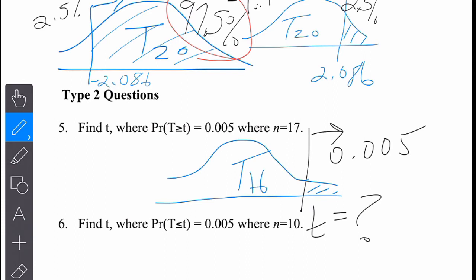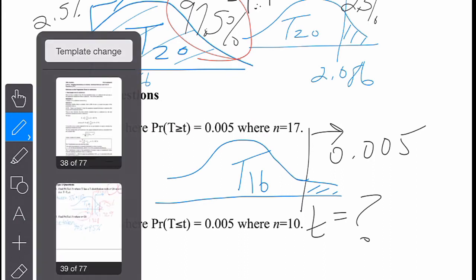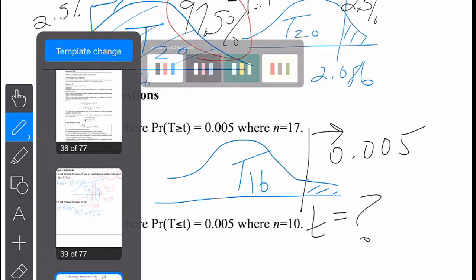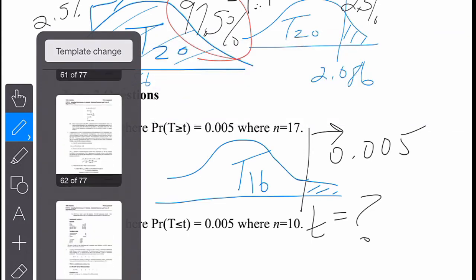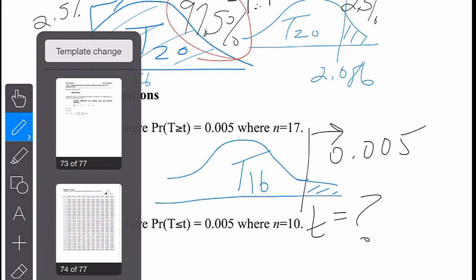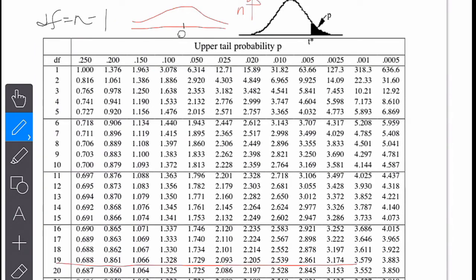Okay, can you read that? T16, right? Degrees of freedom. So I'm going to do that, and go down to T16.